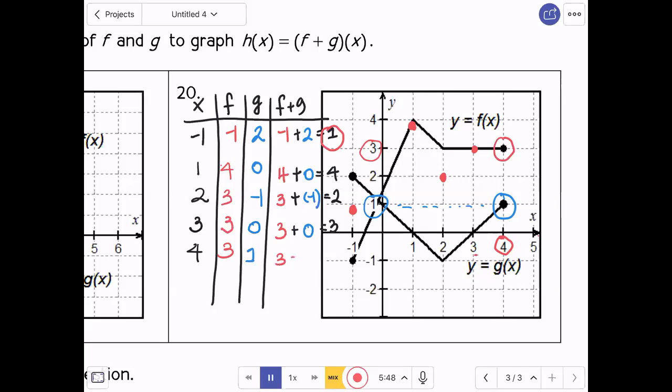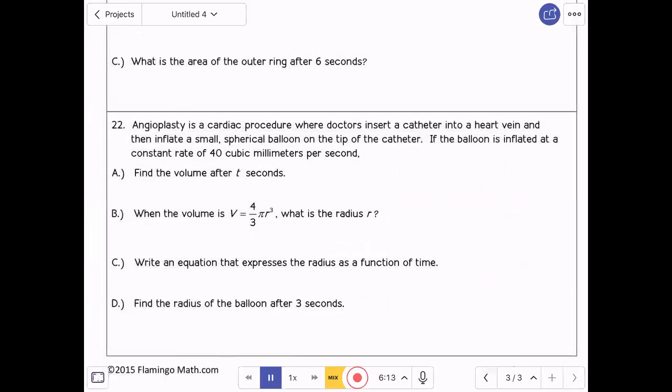So 3 plus 1 equals 4. So at 4, it's 4. This will be your new function, and we just need to connect them. So from here, there, there. Okay, so this is your new function.